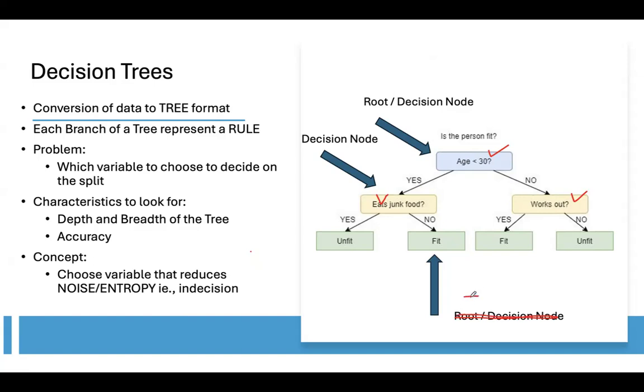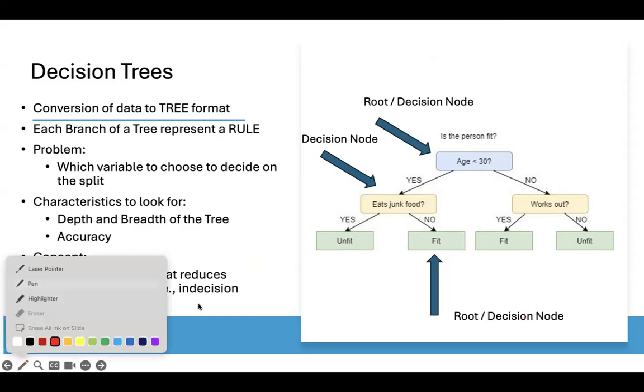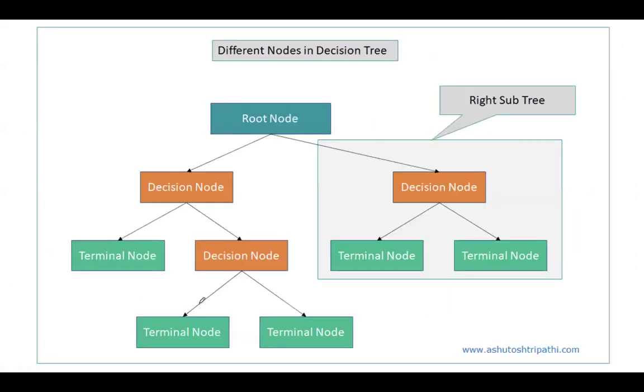This is what we call the terminal node, or the leaf node. The terminal node is primarily the node that gives you the final answer. So the leaf node in the decision trees gives you the final answer. Okay, so let's move on to the next level. This is the same nomenclature I've given you.